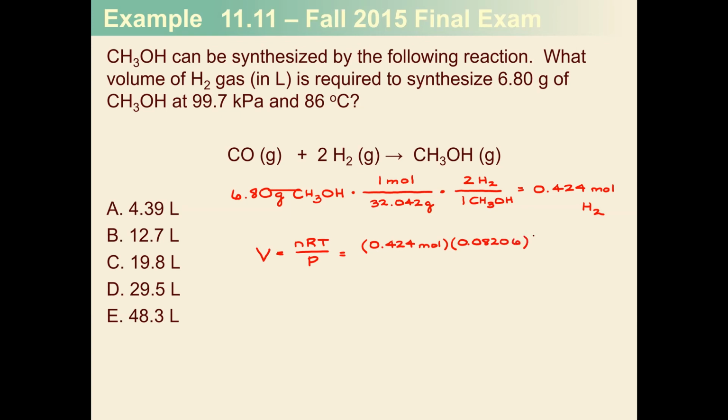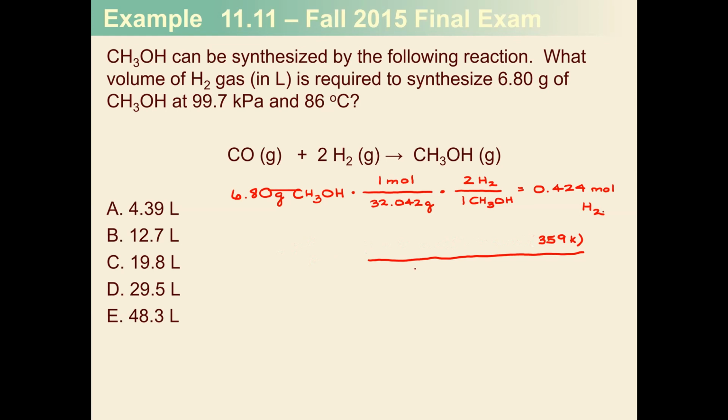We're going to use our ideal gas constant again, 0.08206. And our temperature is stated as 86 degrees. Well, we now need to convert that. So that is going to be a value of 359 Kelvin. And finally, our pressure. Remember that we need to get to atmospheres.